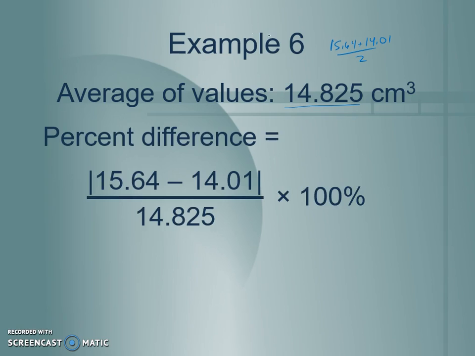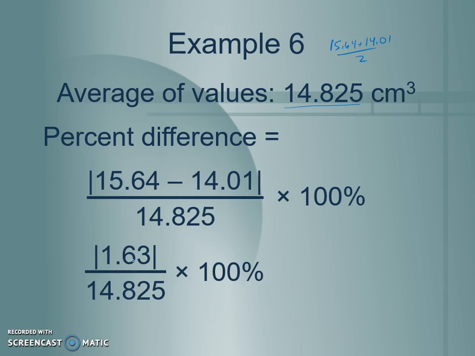So then we go back to these values. We have our first value, 15.64, minus our second value, which is 14.01. Because we're taking the absolute value of these, it doesn't matter which order you put them in, it's okay. So we subtract, we get 1.63. Had you put them the other way around, you would have got negative 1.63.